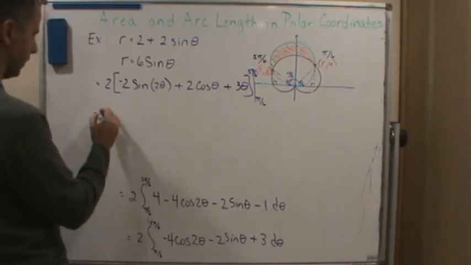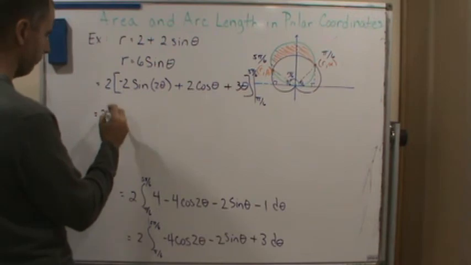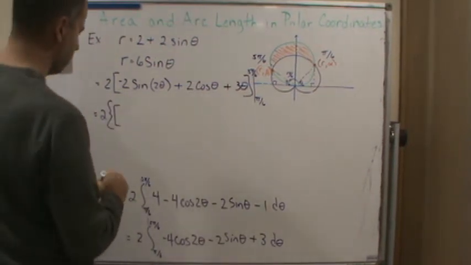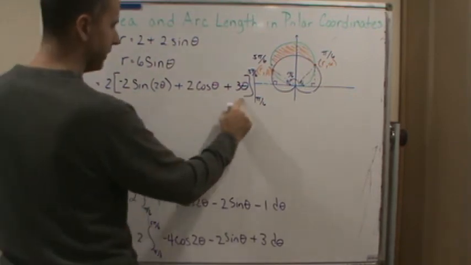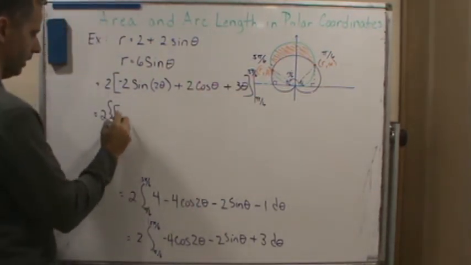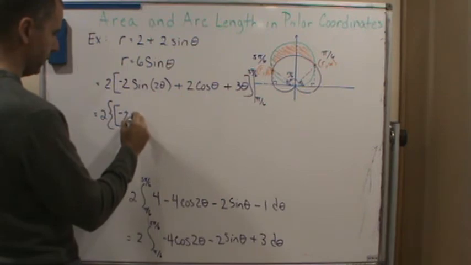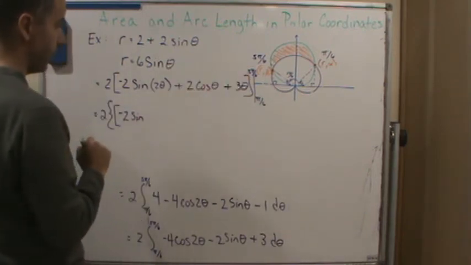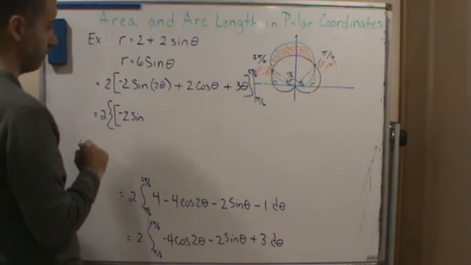Now, this is going to become 2 times, I'm going to evaluate this at 5 pi over 6. So this is going to be negative 2 sine of 2 times 5 pi over 6, which is what? 5 pi over 3.